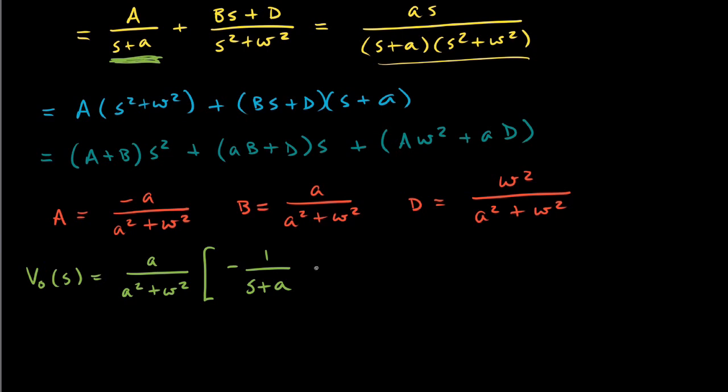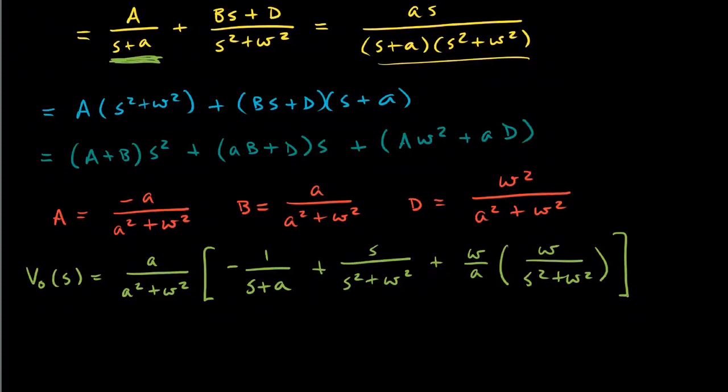I'm going to have a plus S over S squared plus omega squared. That's going to come from the BS over S squared plus omega squared. And then the last one is going to be plus omega over a onto the quantity omega over S squared plus omega squared.